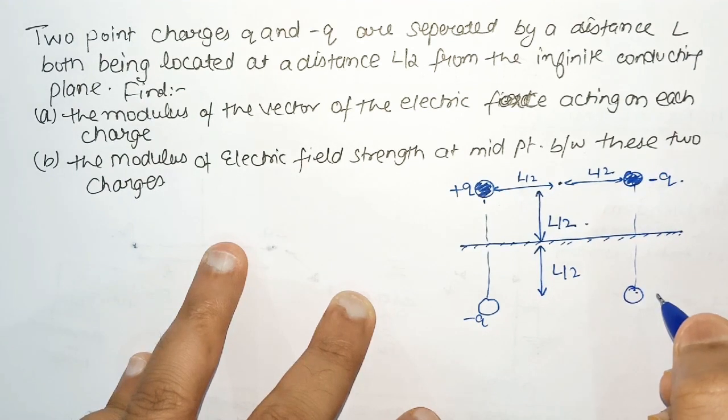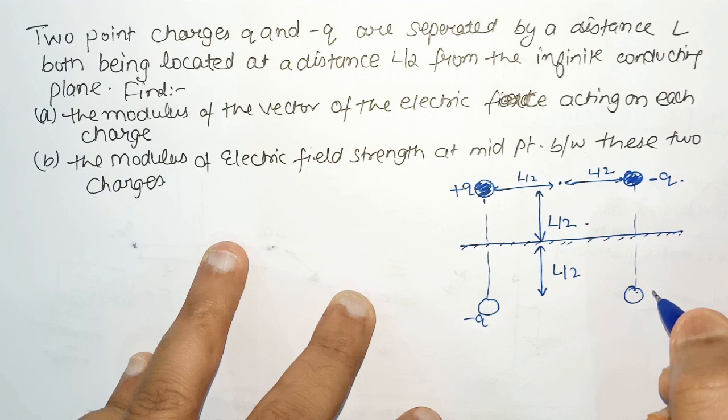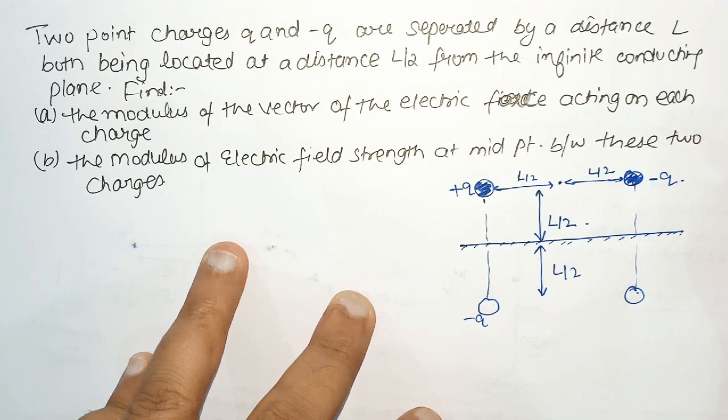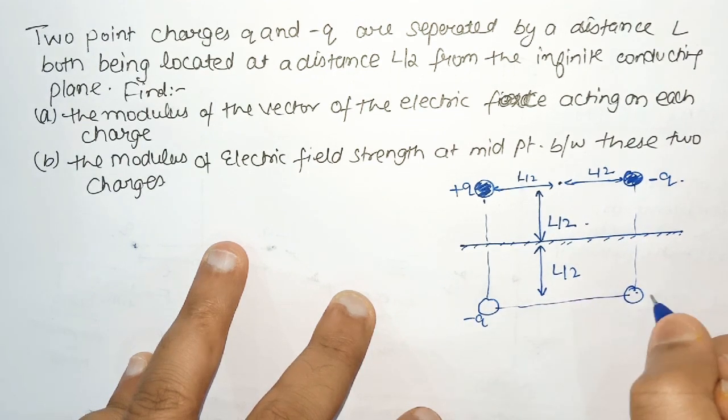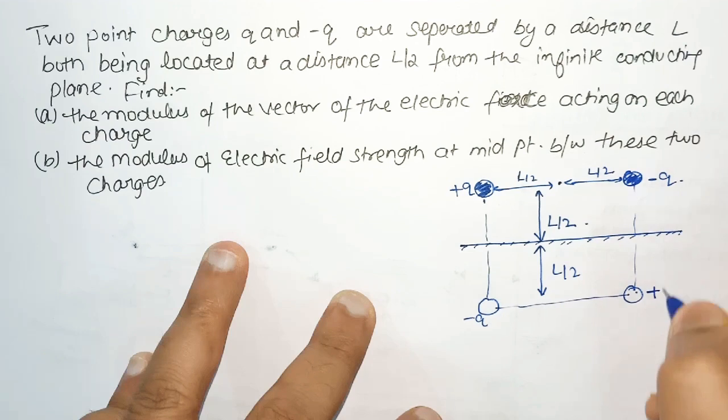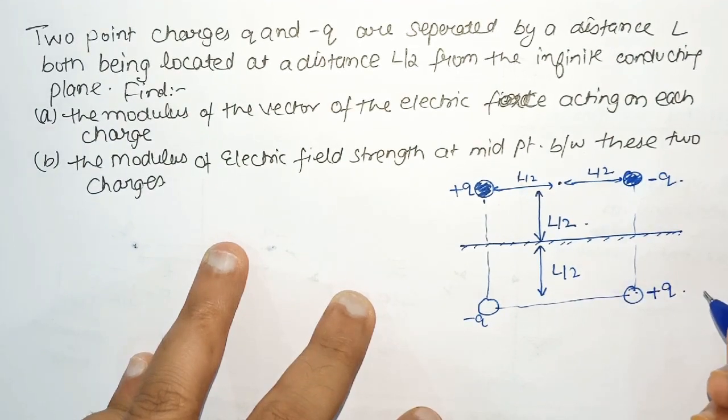It is the same as in geometrical optics, also called Gaussian ray optics. The charge minus Q will become plus Q.